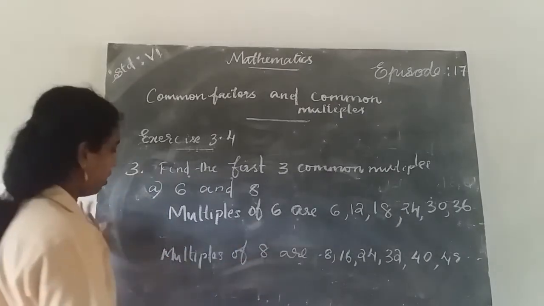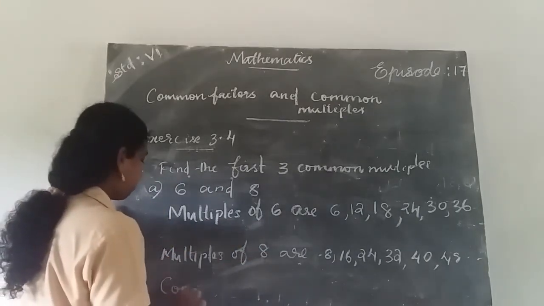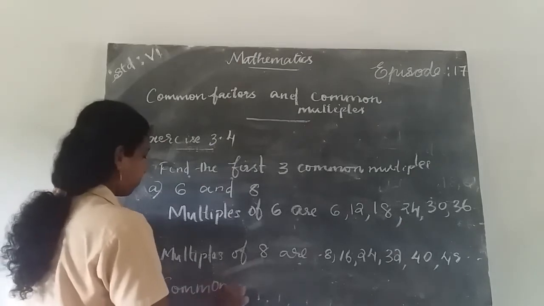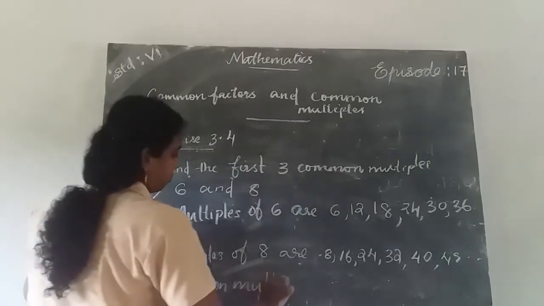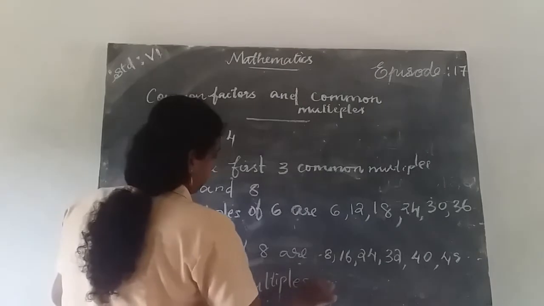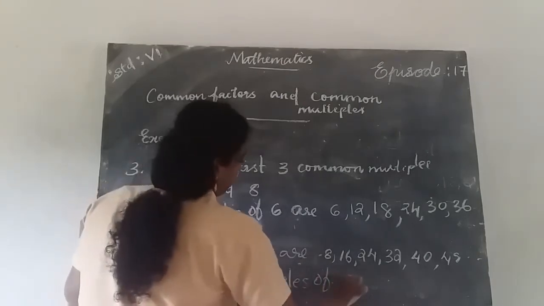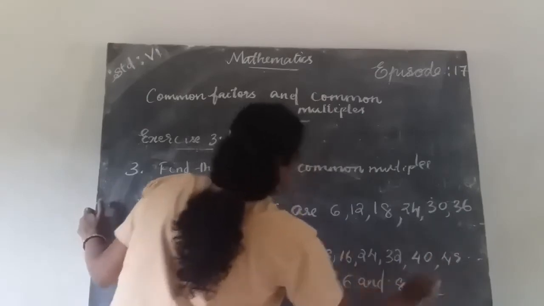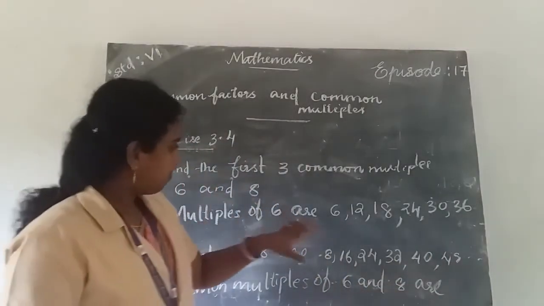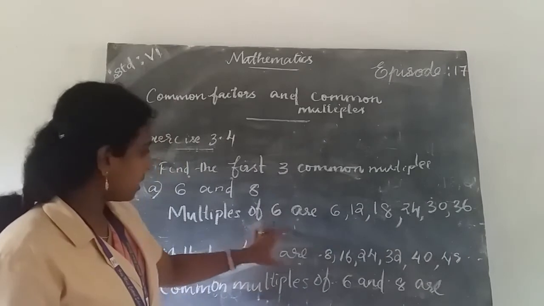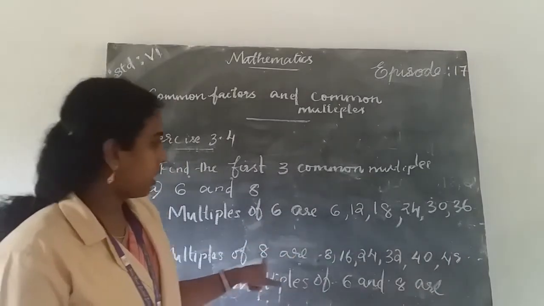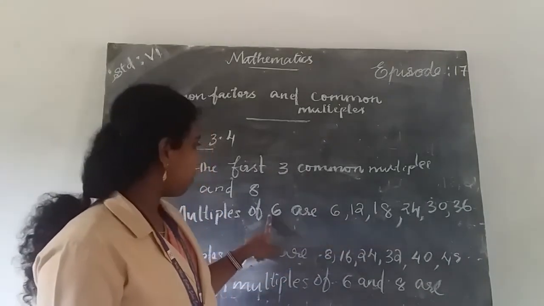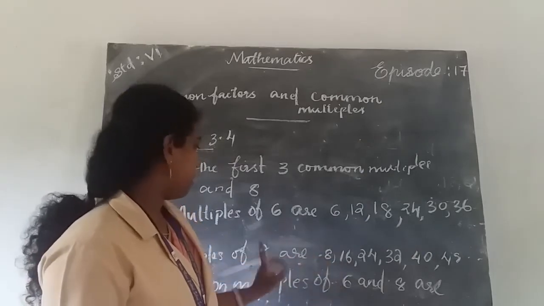So from these two lists of multiples of 6 and 8, the common multiples of 6 and 8 are, let us see. 6 is a multiple of 6 but it's not a multiple of 8. Okay. And 12 is a multiple of 6 but it's not a multiple of 8.